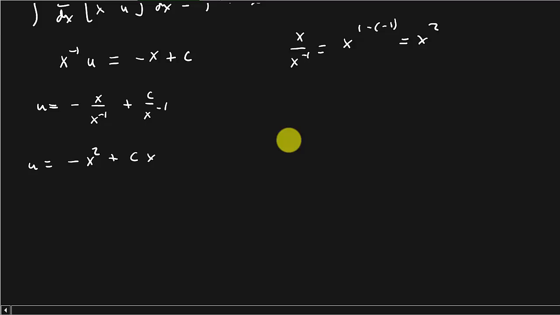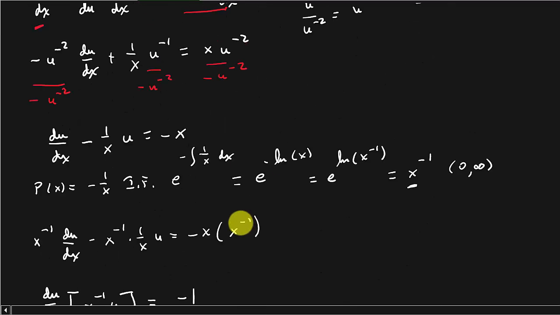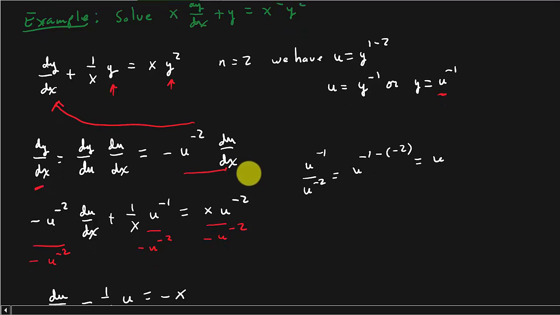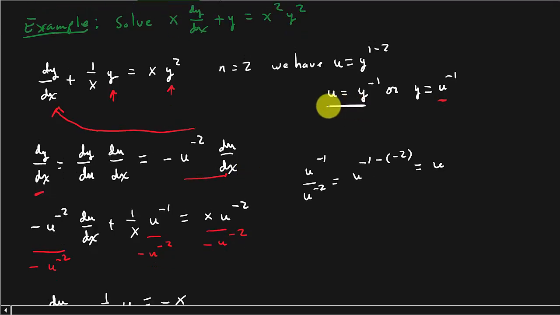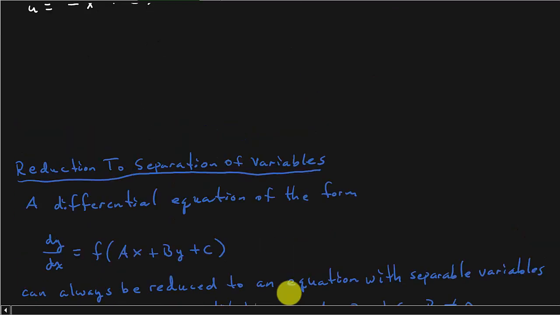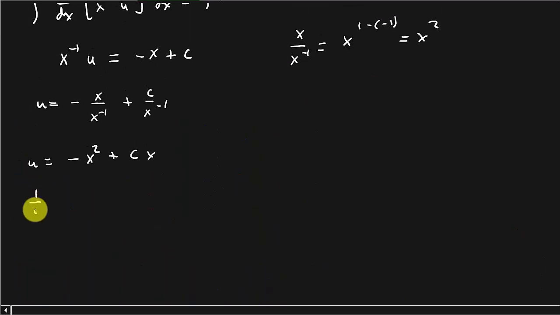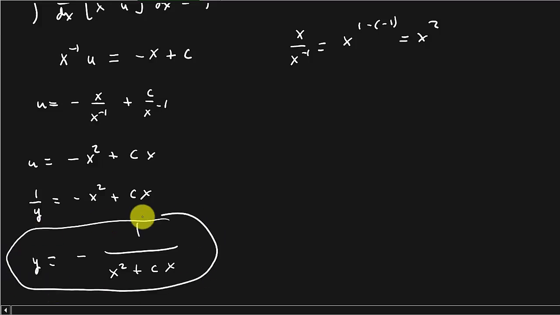So what was u? Let's go back up here and look. Right here. U is y to the negative 1, or we can say u is 1 over y, right? So I've got 1 over y equals negative x squared plus cx, or I can say y is equal to negative 1 over x squared plus cx. And there's your answer.